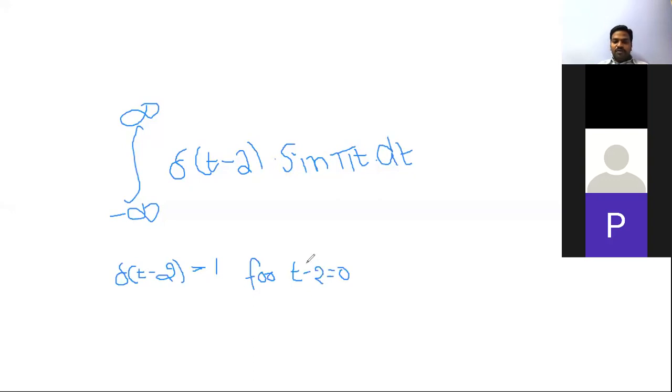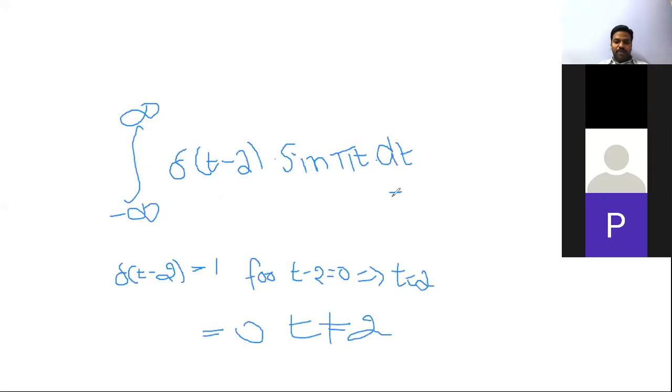Delta of t is equal to 1 for t equal to 0. But here, instead of t you have t minus 2, so I am equating t minus 2 to 0. Now what do you get? t is equal to 2. So at this particular instant only the value is equal to 1, and for all the remaining values, which is t not equal to 2, it is equal to 0.